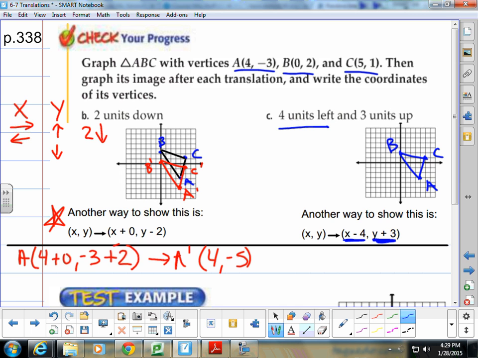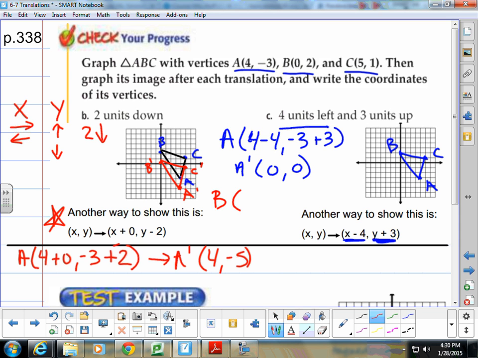So for A, we're going to do 4 -4 and -3 plus 3. So A prime is going to end up at 0, 0.